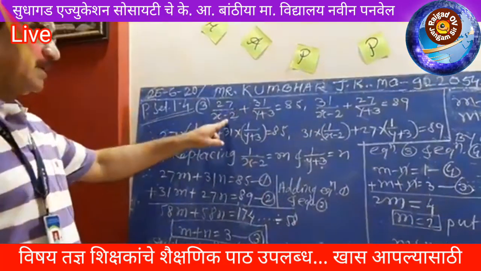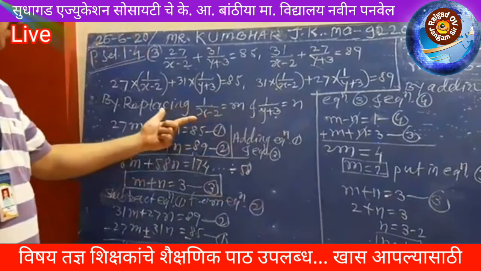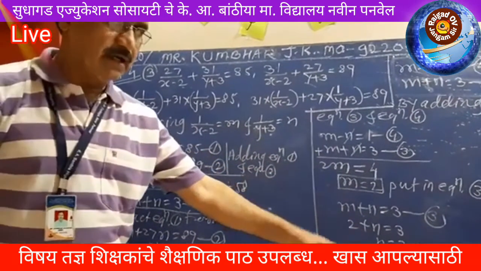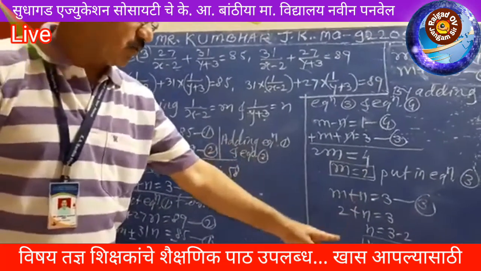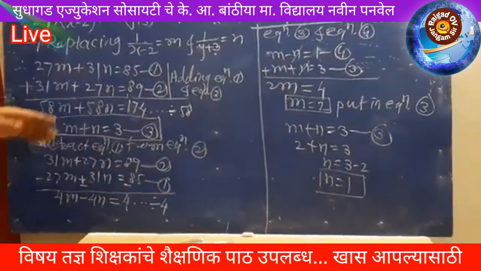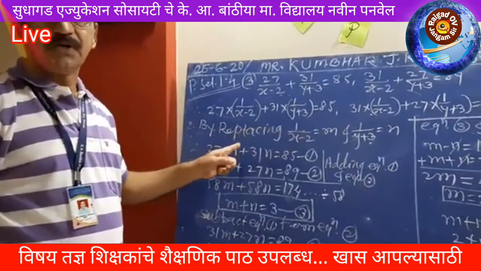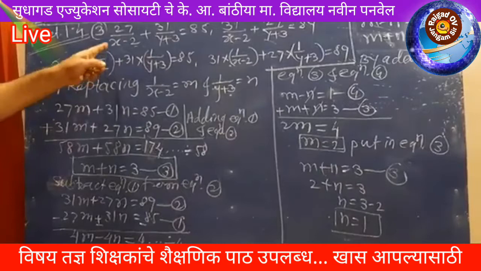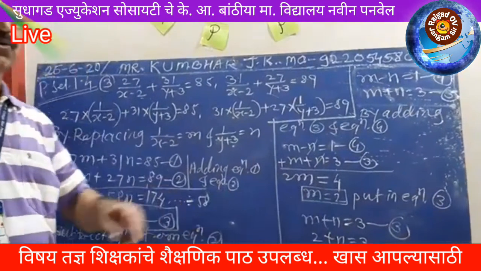Our example is in terms of x and y, and our answer is in terms of m and n. Here is the substitution, so we have to find our answer in terms of x and y. From m is equal to 2 and n is equal to 1, write this down first, and then we are going to find the values of x and y.